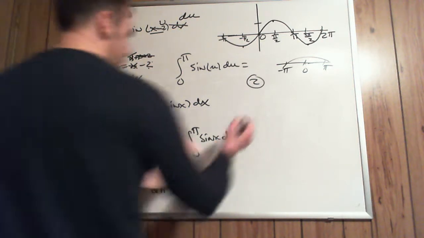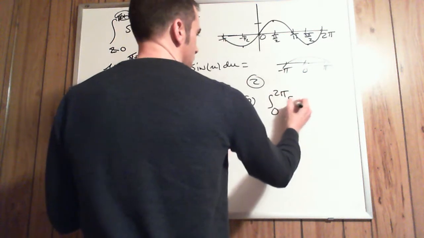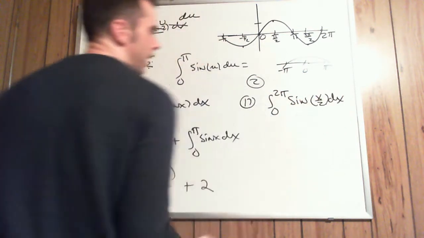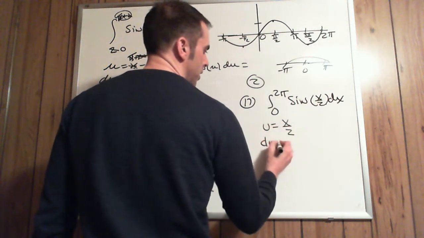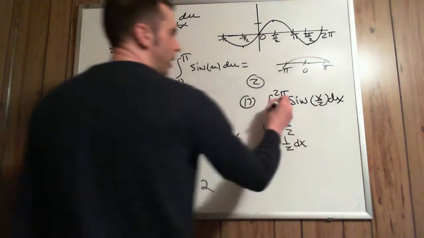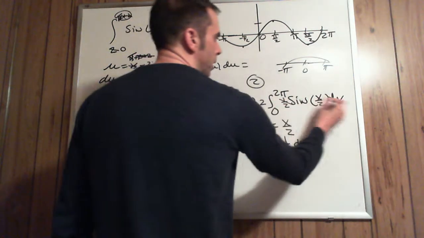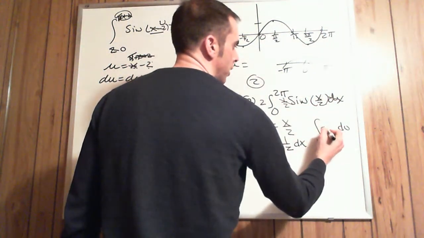In number 17, the definite integral from 0 to 2 pi of sine of x over 2 dx. If I choose u to be x over 2, du would be equal to 1/2 dx. Put a 1/2 in, take out a 2. This would become my du, and this would become sine of u.